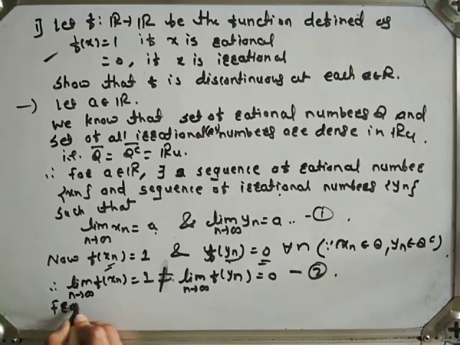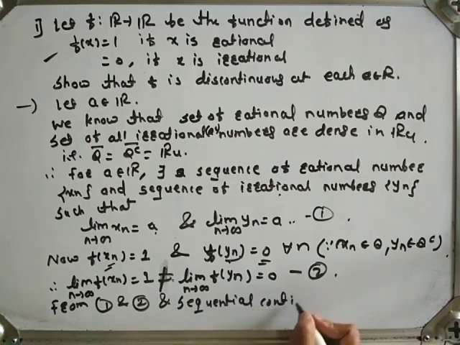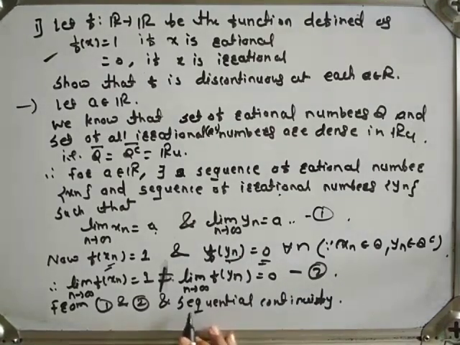So, from 1 and 2 and sequential continuity. Sequential continuity means what? This is a theorem, actually.